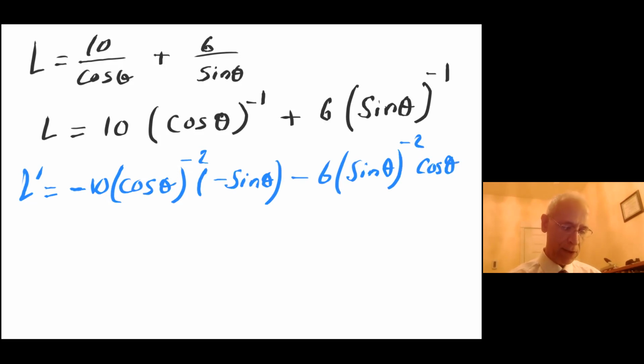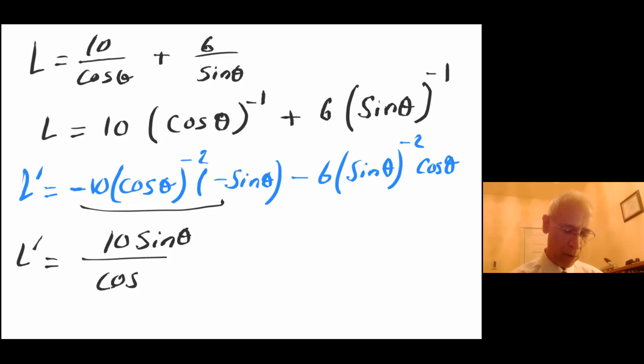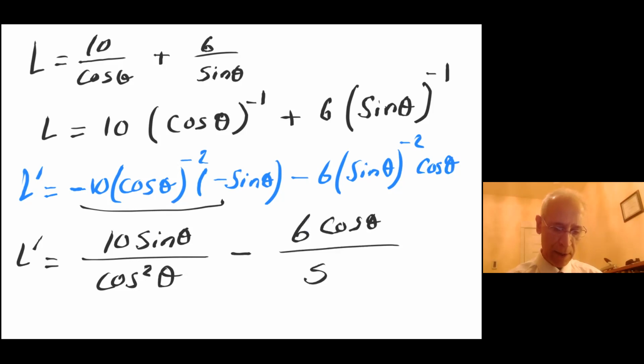Negative times negative is positive, so L prime equals 10 sine of theta over cosine squared of theta minus 6 times cosine of theta over sine squared of theta. And now set all this equal to 0.